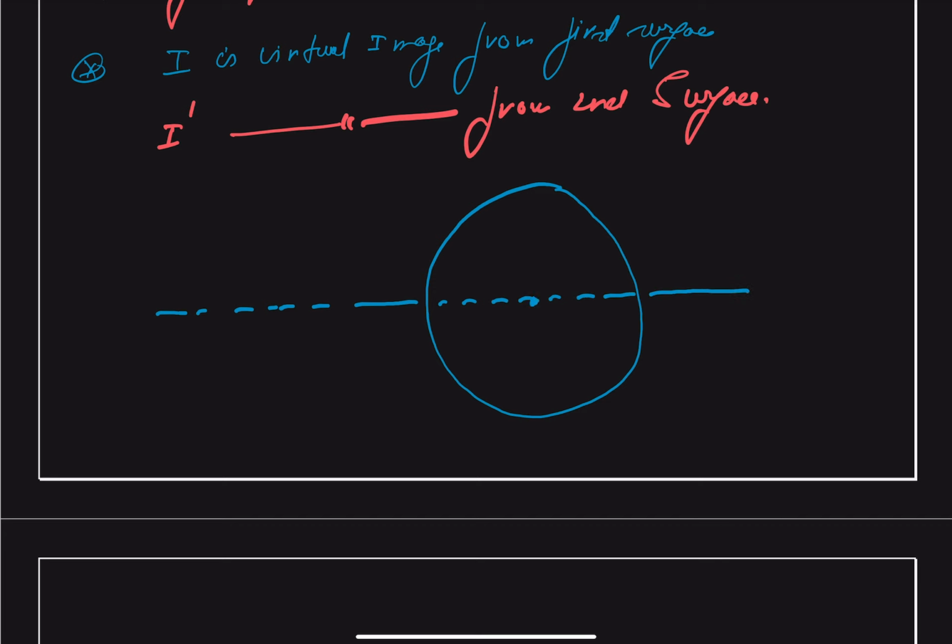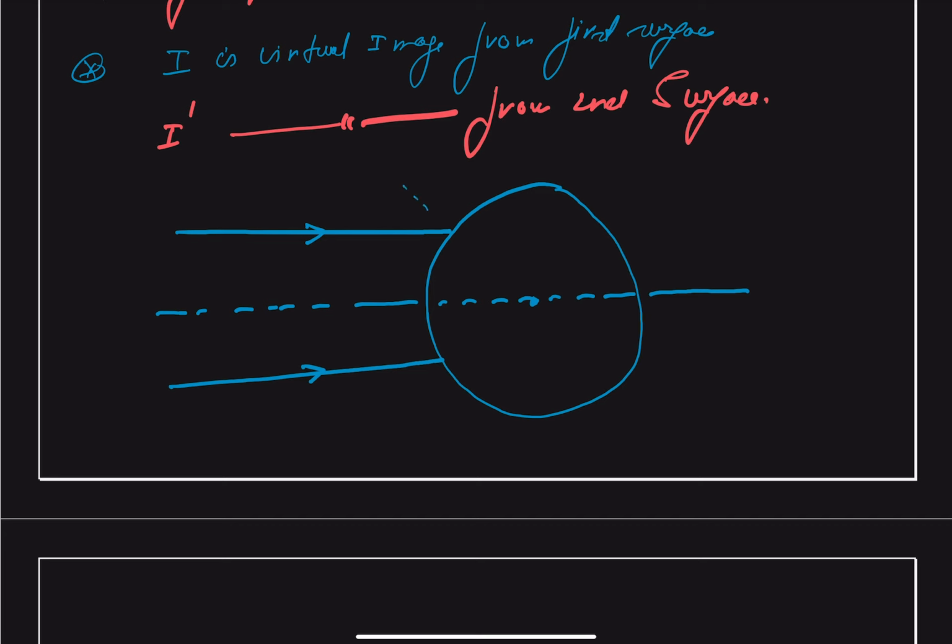This is our center and the rays are coming parallel. It is paraxial. So suppose this is one of the rays and the second ray, both are paraxial.